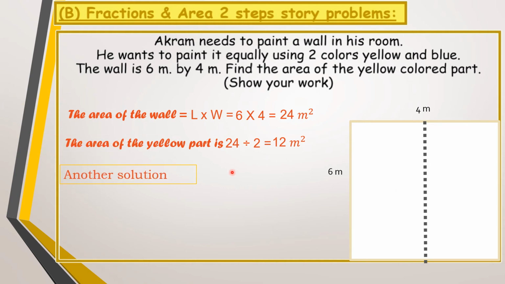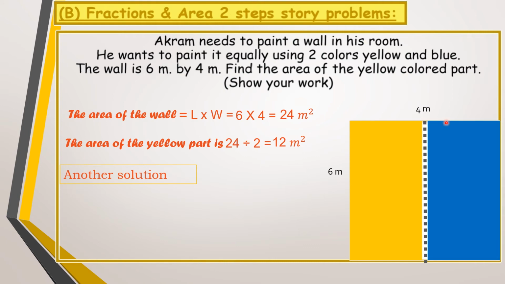I have another solution. I can say that I will cut the wall into two parts, yellow and blue. So I can say that all of this is 4 meters. If I want to cut it into two equal parts, this part will be 2 meters only. It means I will divide 4 over 2.